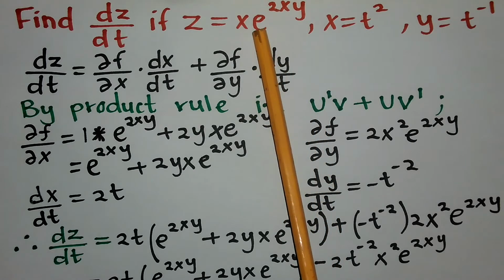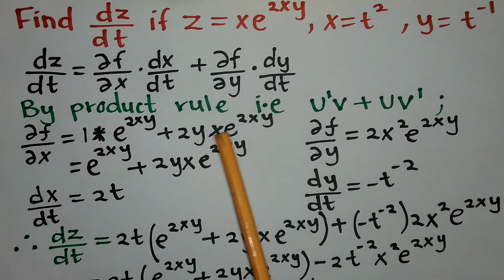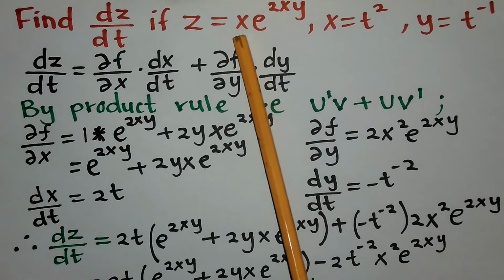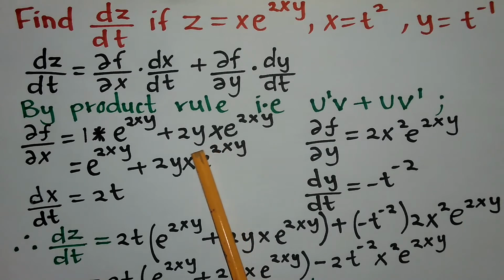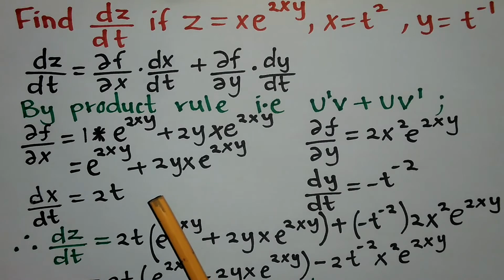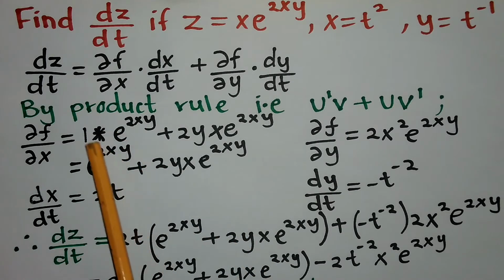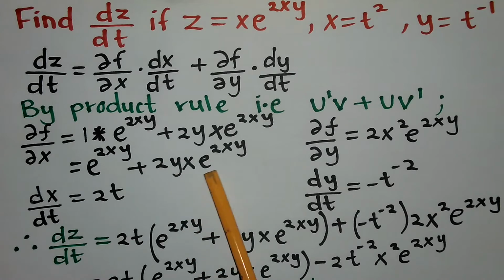Then we multiply it by the exponential, so that is 2y exponential 2xy, then our x. So that's going to be the value for the derivative of the function with respect to x. We can simplify this by removing this binary operation to just have exponential 2xy plus 2y x exponential 2xy.